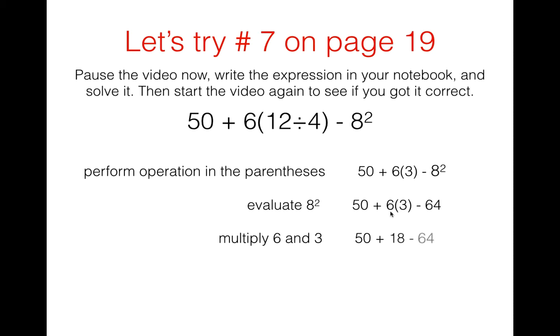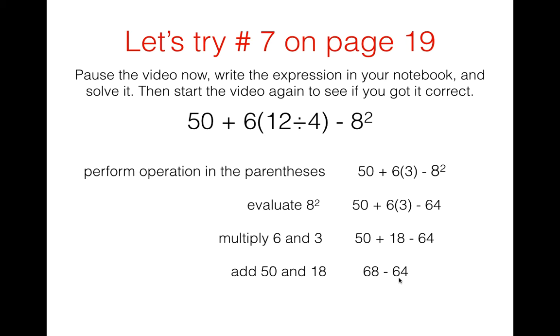Then you're going to multiply the 6 times the 3, and you end up with 18. And then all you have left is addition and subtraction. So you're going to go in order. So 50 plus 18 equals 68.